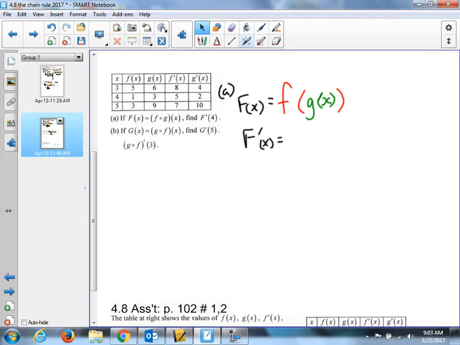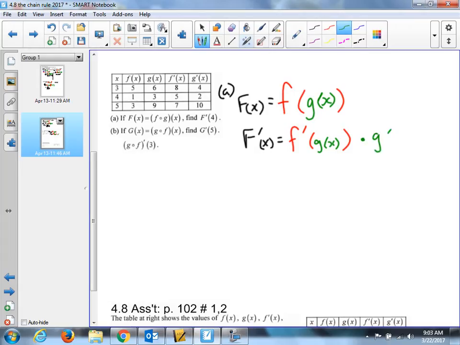I'm going to say it's f prime of whatever. Don't change the insides. Times the derivative of the inner function, g prime of x, whatever that is.